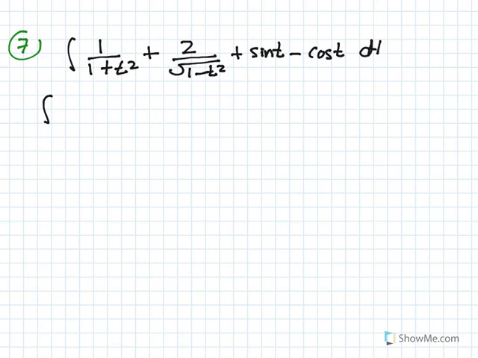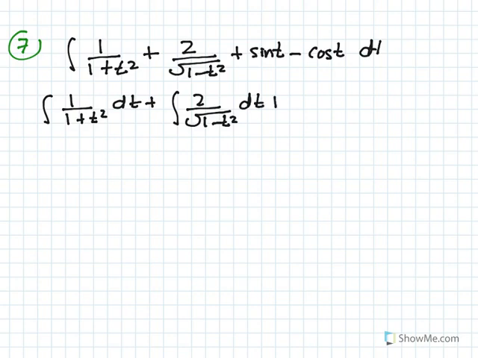So we're going to split up the integral. That's the integral of 1 over 1 plus t squared dt plus the integral of 2 over root 1 minus t squared dt plus the integral of sine t dt minus the integral of cos t dt.